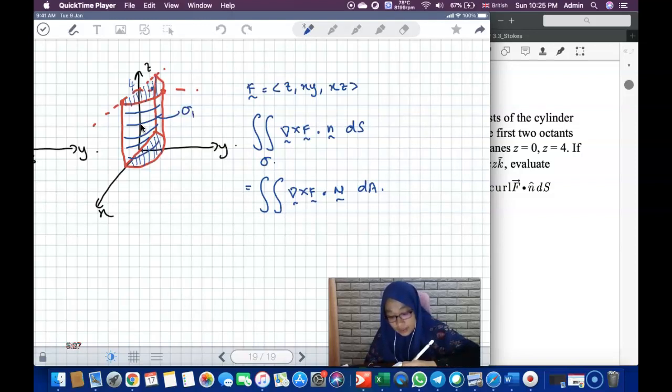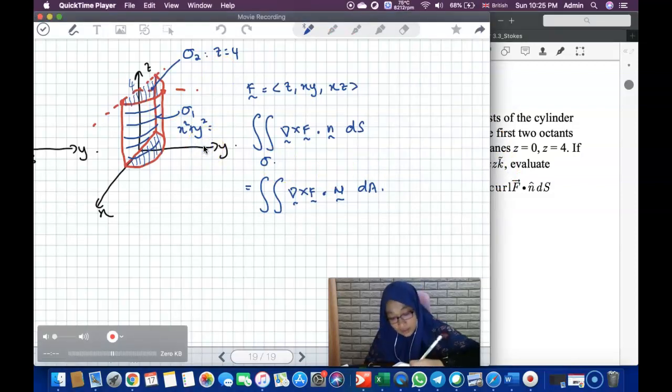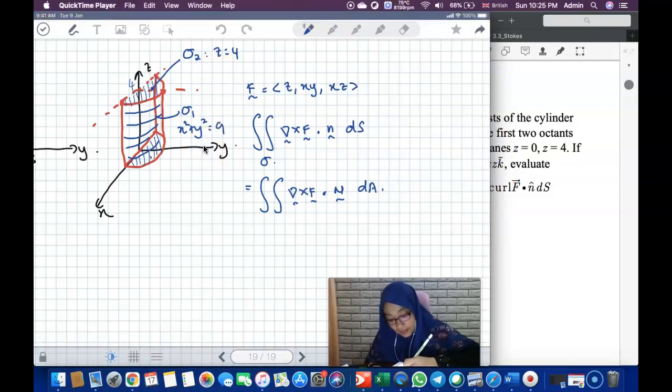The top here, where z equal to 4, is sigma 2. And sigma 1 is given by x squared plus y squared equal to 9. And you have another, sigma 3, where your surface is z equal to 0.